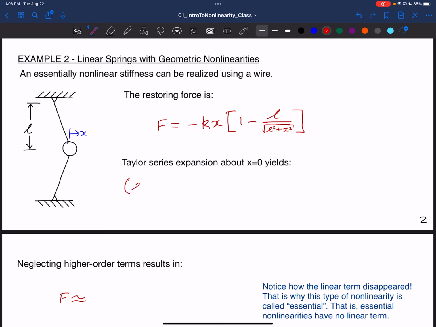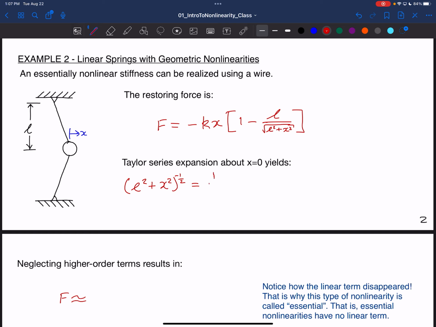So we have L squared plus X squared to the minus 1/2. So we're doing Taylor series. You can also do what's known as a binomial expansion. They tend to be the same actually in terms of the results you get, but either of these will work.